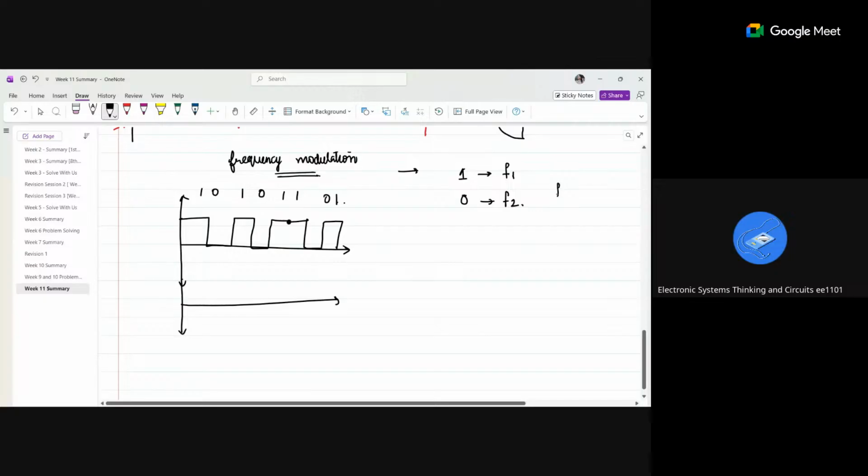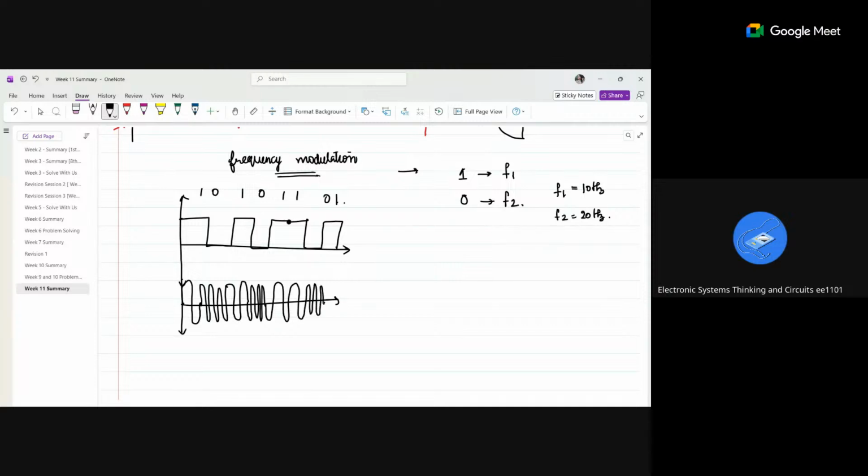So if I say F1 is around 110 hertz and F2 is equal to some 20 hertz. So for one, this is a signal with frequency F1 and this is a signal with frequency F2.